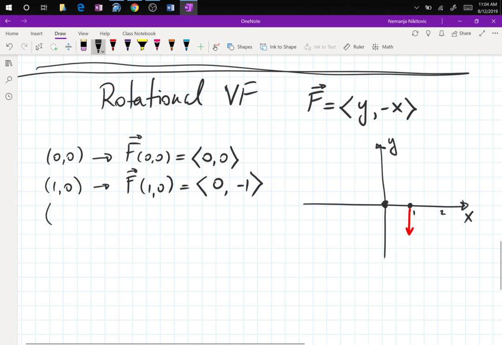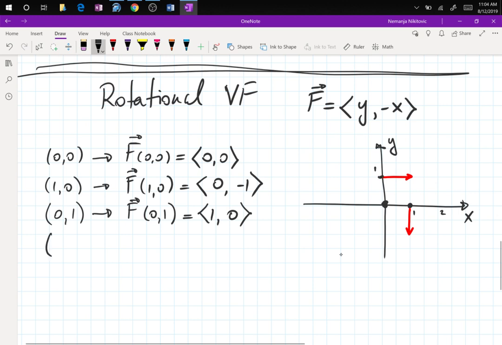Then let's say you have 0, 1. So the vector at 0, 1 would be 1, 0. So 0, 1, 1, 0 would be this vector here.